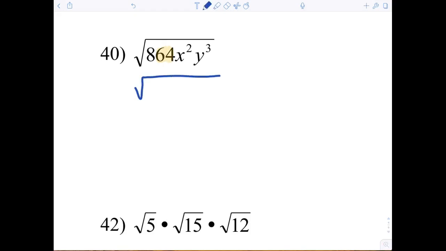So we know 864 is not a perfect square, and now I know it's divisible by 4. So take 864 and divide it by 4, you get what? 216. 4 times 216. Is everybody okay with that?